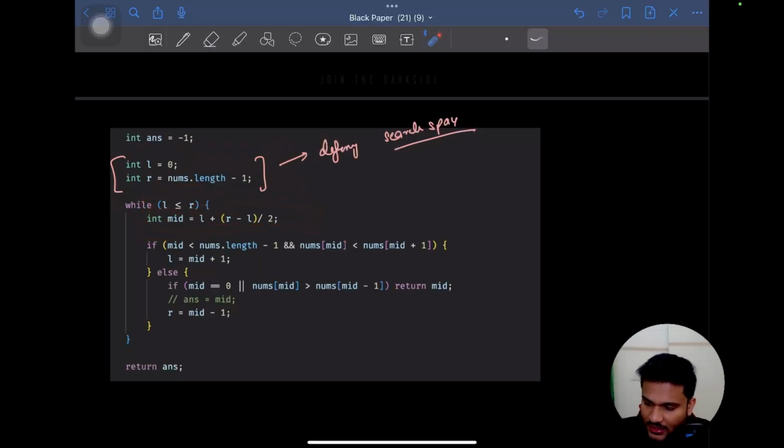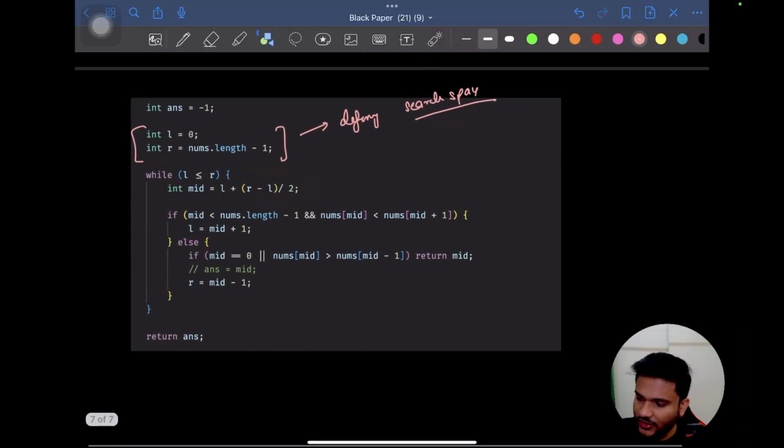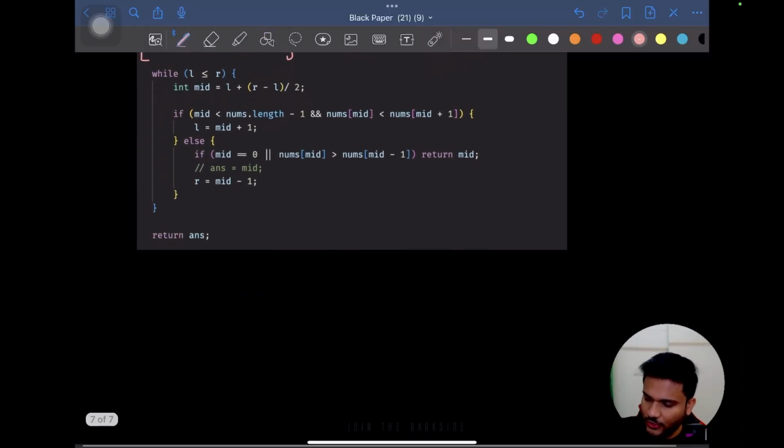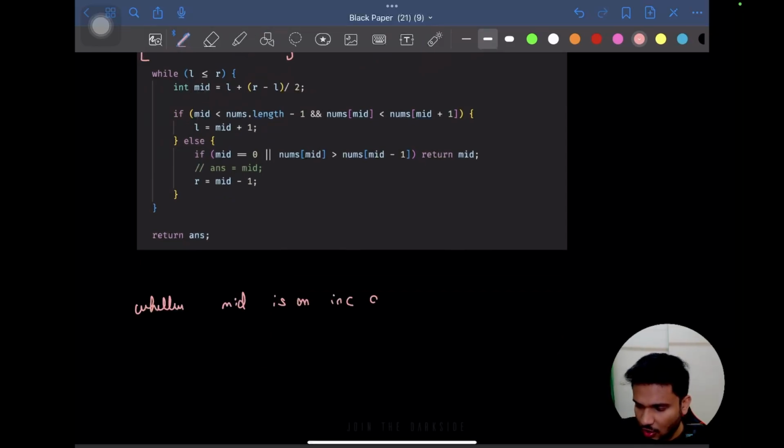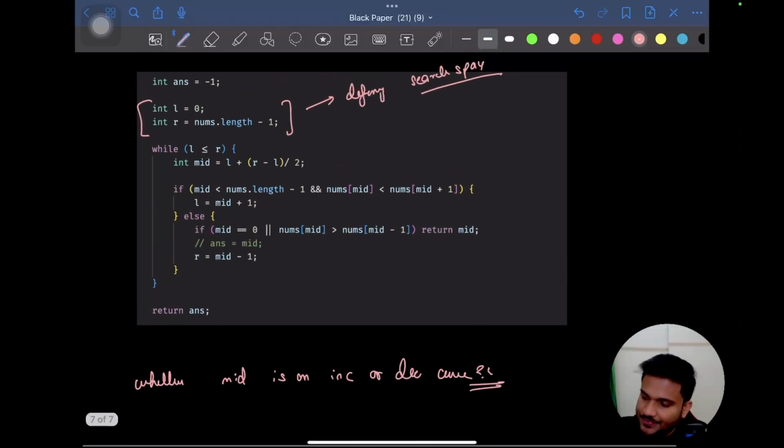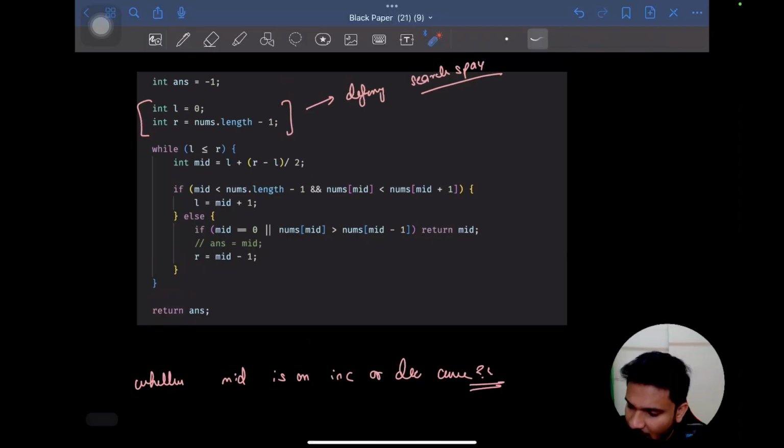We calculate the mid. The moment you calculate the mid, you need to figure out whether mid is on an increasing or decreasing curve, right? This is the question that you have to figure out. So you can see, first of all, I am keeping a check that the midpoint that I found is not the last index.